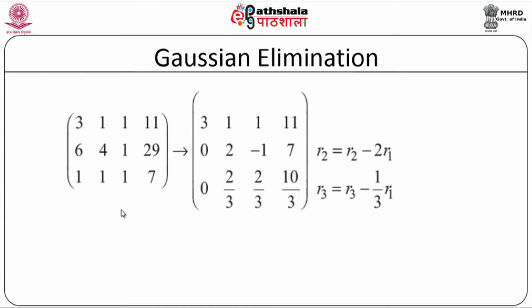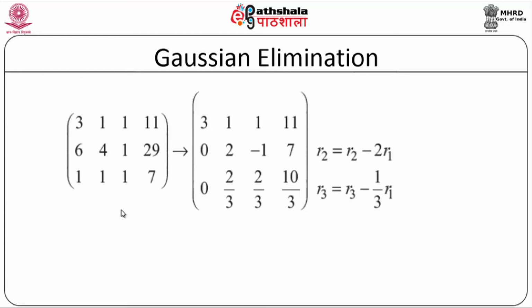The new R2 is going to be R2 minus 2 into R1, so 6 minus 2 into 3 becomes 0. Similarly, the transformation R3 equal to R3 minus 1 by 3 R1 is going to eliminate the value. Now you can observe that the coefficients in the last 2 equations are getting eliminated.